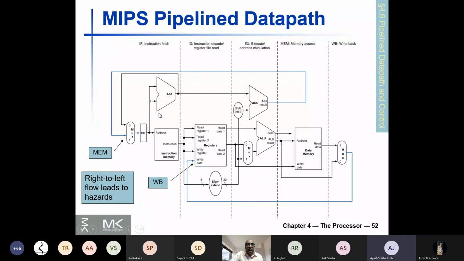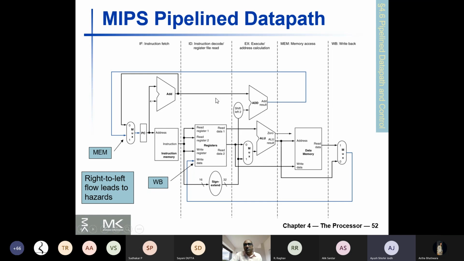Whatever happened in this clock cycle has to be stored in a register or some storage, and that information has to be passed to the next stage in the next clock cycle.